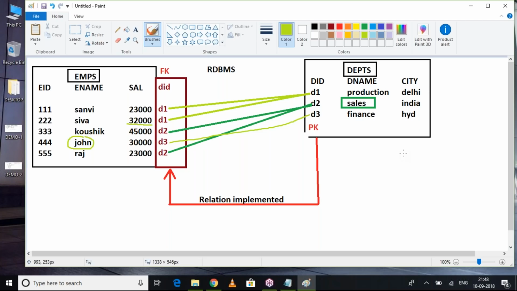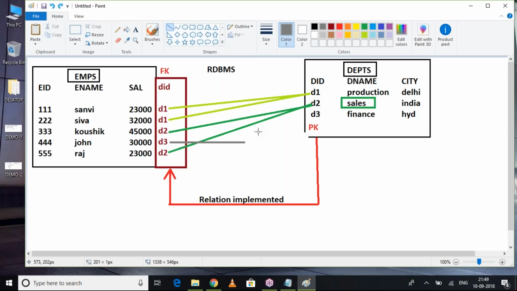So you can identify department information of employees and employee information of departments. There is no question of missing any data from the database. If you don't want to miss data, we have to implement relation between the tables so that information is easily identified.